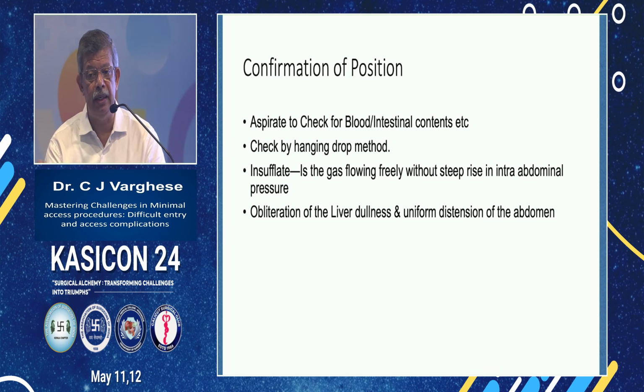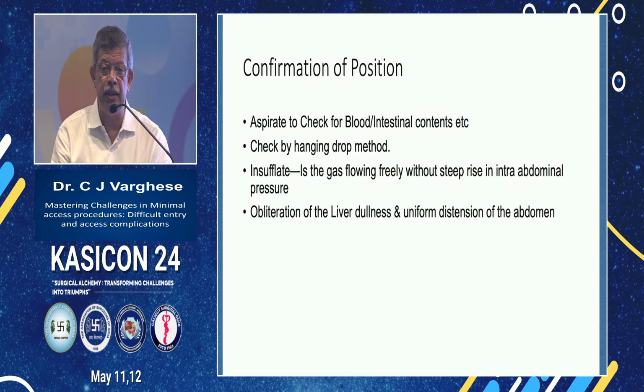Then we connect the insufflator with low pressure. When it is connected, there should be a smooth flow of carbon dioxide into the abdomen. Otherwise, if you are inside the fascial layer, the flow may not take place, and that is one of the indications that you are not in the right space.